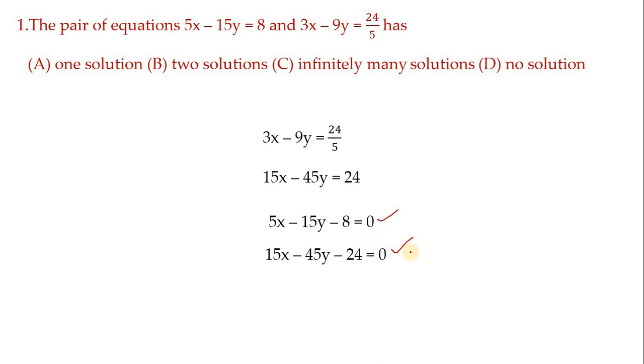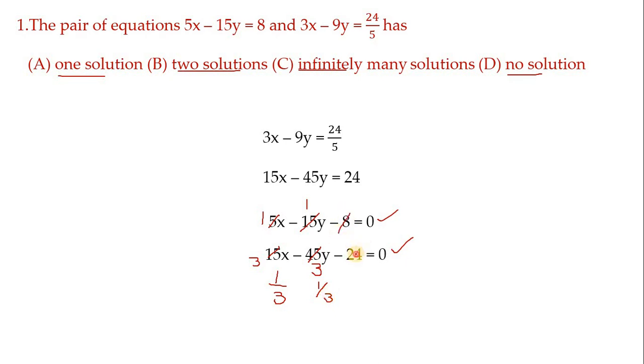Now we have to find the ratios to say whether it has one solution, two solutions, infinitely many solutions, or no solution. For that we have to cancel these things, children. 5 ones are 5, 5 threes are 15, so here we are getting 1 by 3. Similarly here, 15 ones are 15 and 15 threes are 45, so here also I am getting 1 by 3.